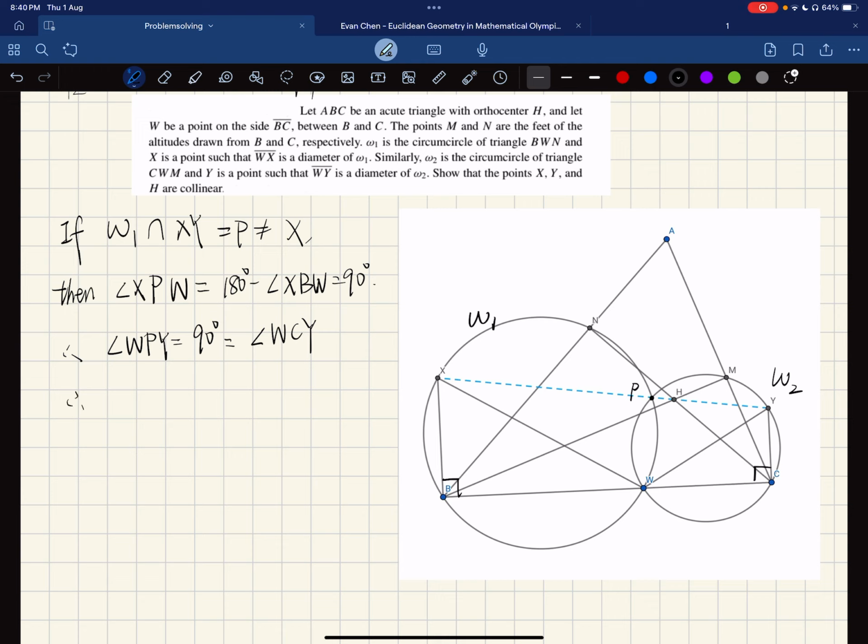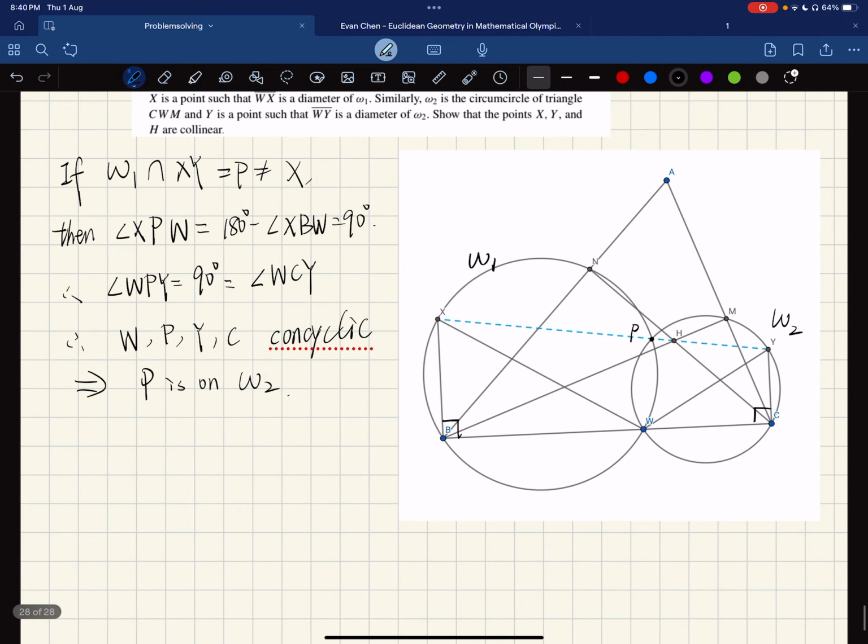Then we can know that W, P, Y, C are concyclic, and it means that P is on omega 2.